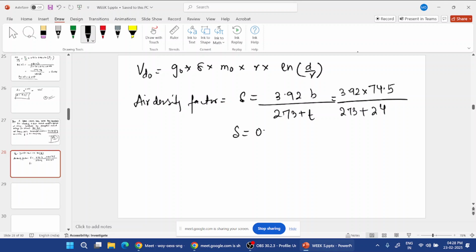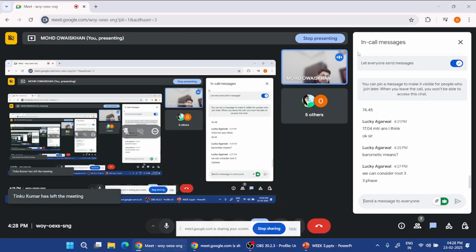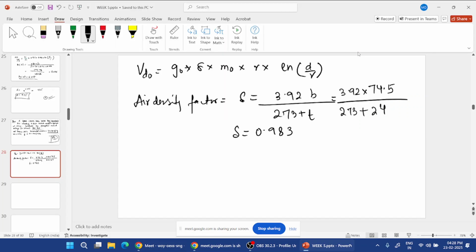Whenever I solve this question, please check the values. Sometimes I mistakenly write wrong values. So air density factor comes out to be this much.